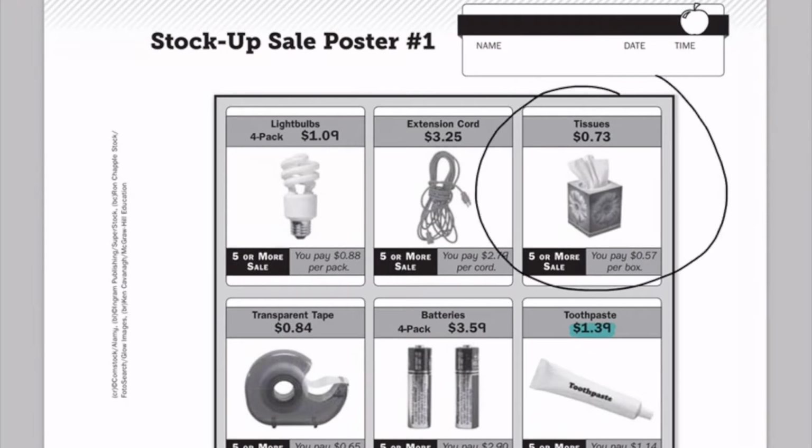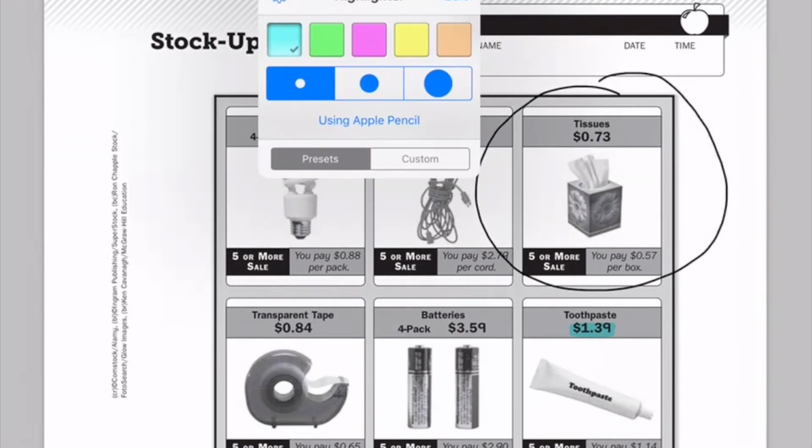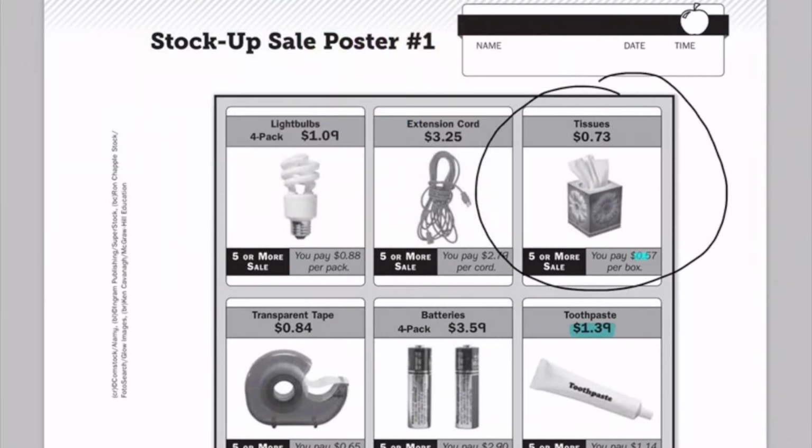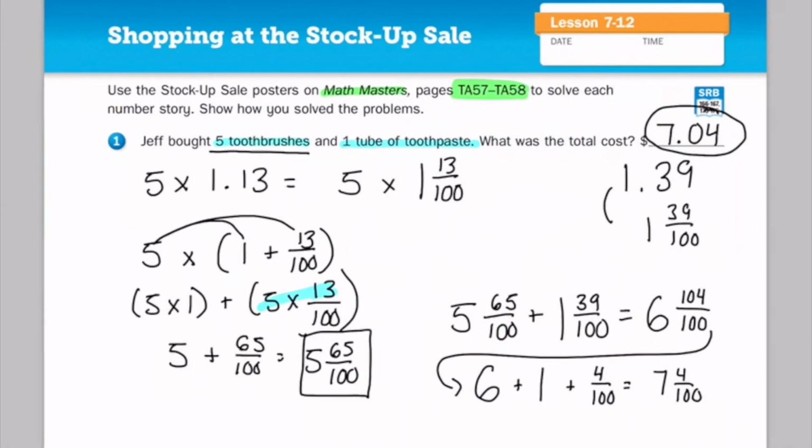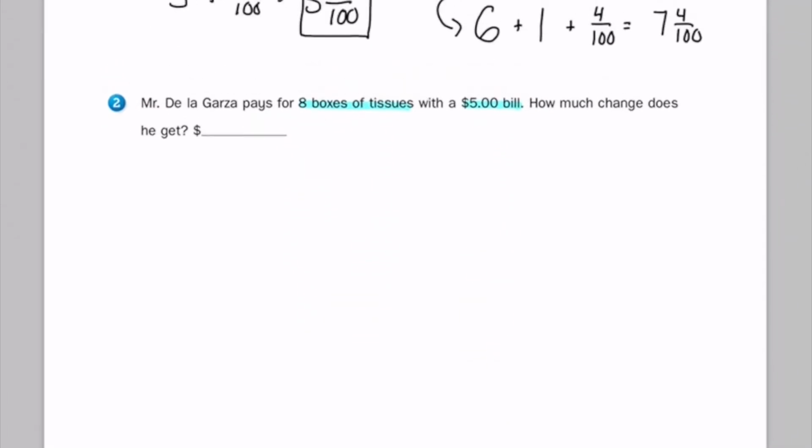So here is tissues, and since he's buying 5 or more, he gets them for 57 cents a box. So each box is 57 cents, and he bought 8 of them. The first step is figuring out how much that costs.